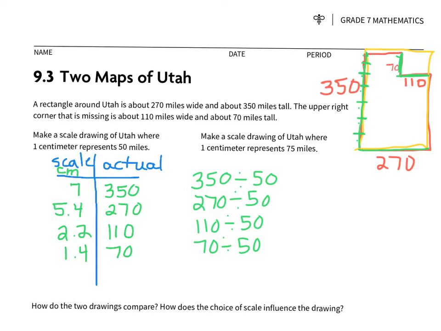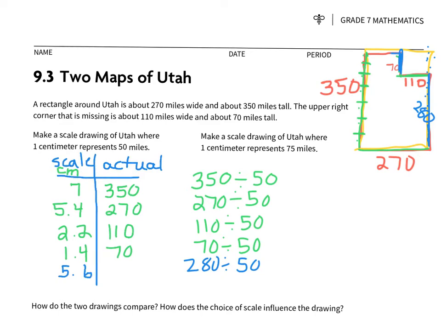And Aiden came up with this idea the other day. If it's 350 miles all the way up here, but we've taken away 70 miles, that means this piece would be 350 minus 70, which is 280 miles on this side. And again, if we divide 280 by 50, we get 5.6 centimeters.